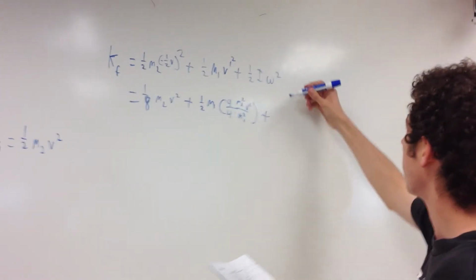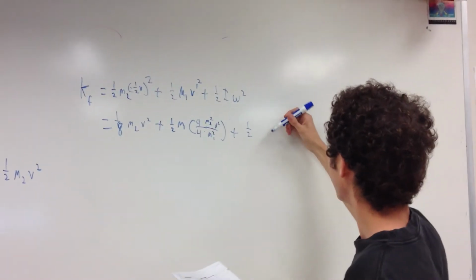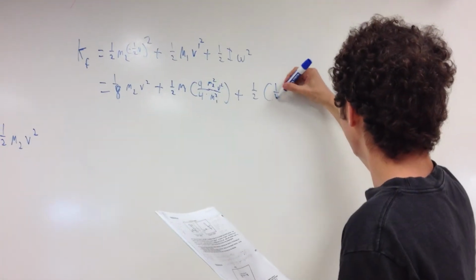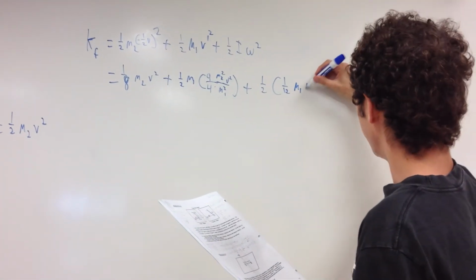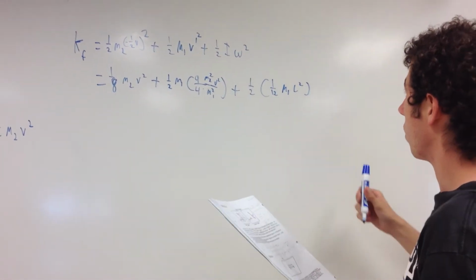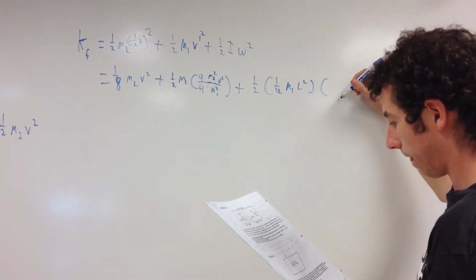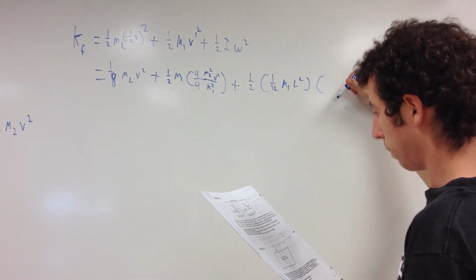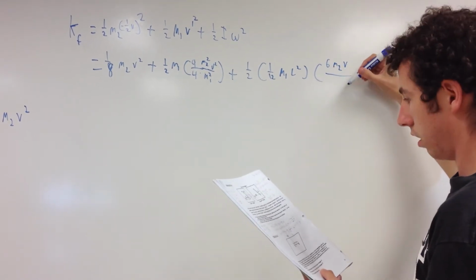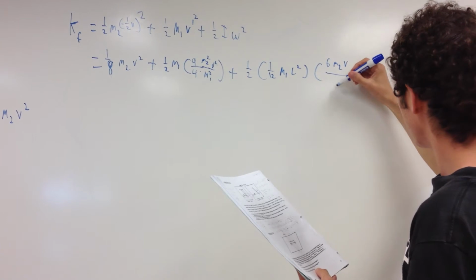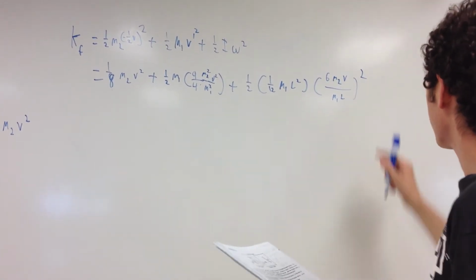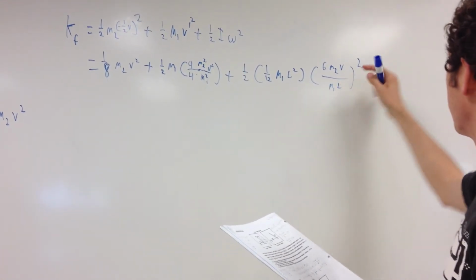And now I need to substitute I. I is 1/12 m1 L squared times my omega, which I've already solved for, squared. So my omega is 6 m2 v over m1 L. So now I'm going to take this squared and just put it in here now.